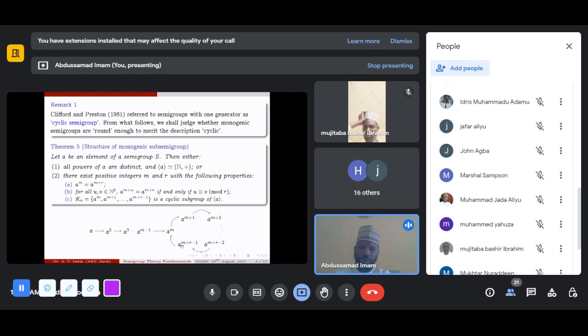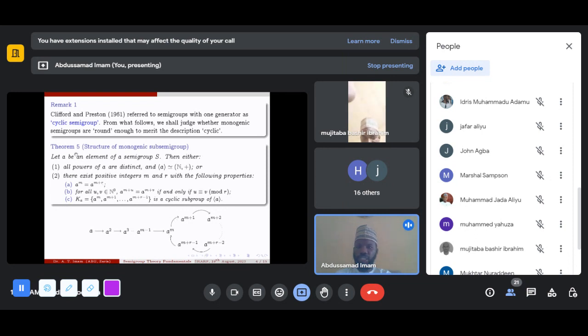If you concentrate only on this one, it is a group. It means there is an identity among these powers, and the inverses also exist here. So you have a cyclic group here, but there is a tail, which means the monogenic subsemigroup is not just a single cycle, it has a tail.